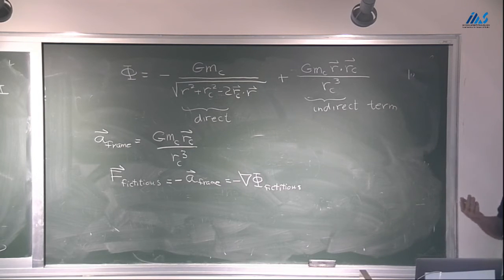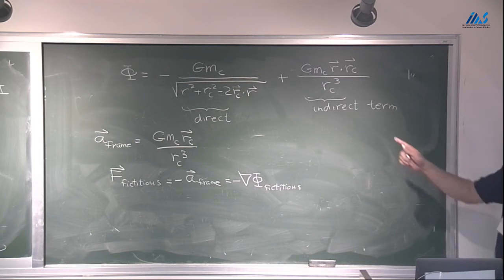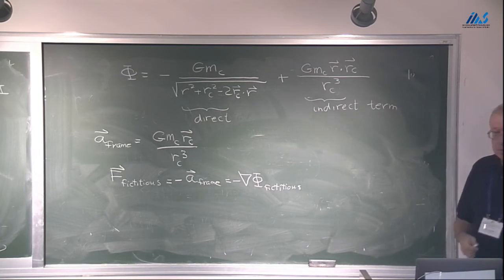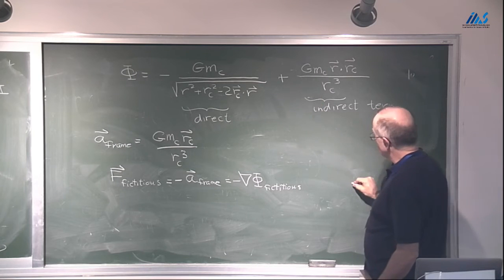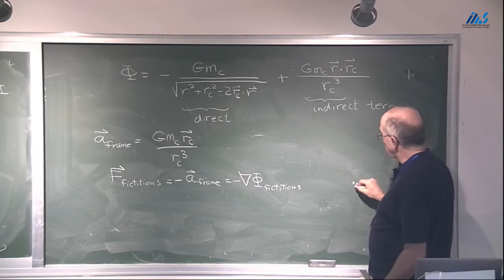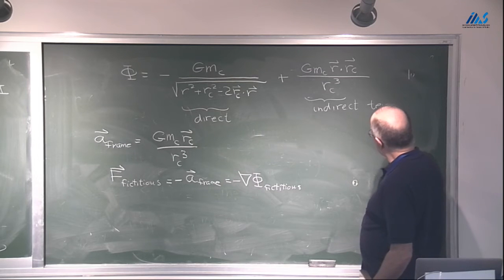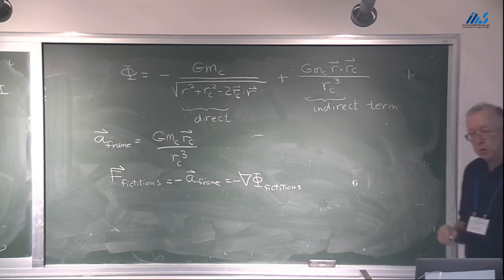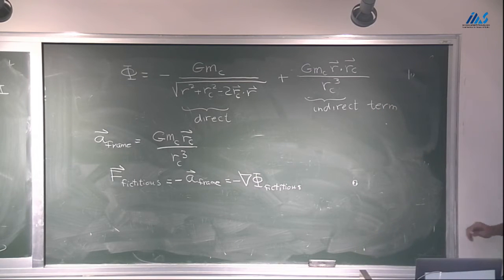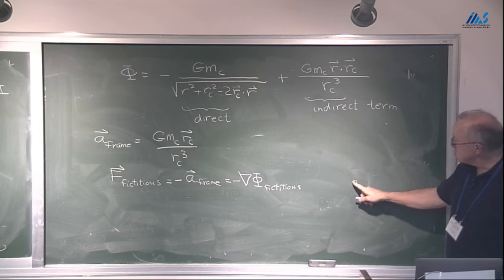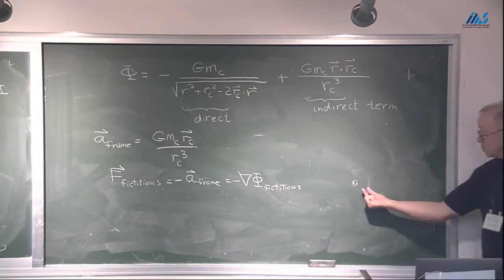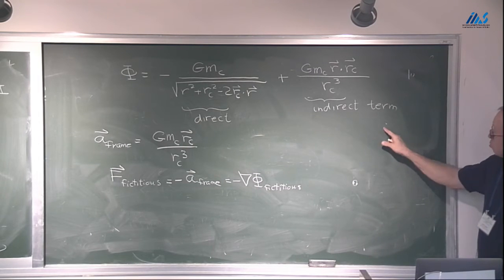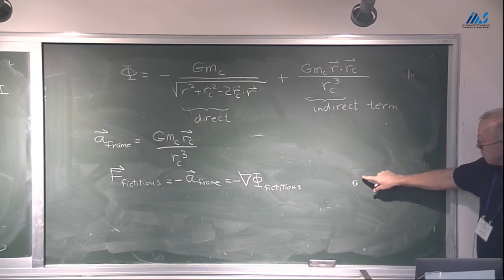Let me give you an example of when it's better not to use this frame. Suppose that you're looking at the opposite case to this, where you have a tight binary star that's going around, and you've got some really distant body going around them. If this body is much more distant than the difference between the positions of those two stars, roughly speaking, you'll see a single Kepler potential from the two stars.